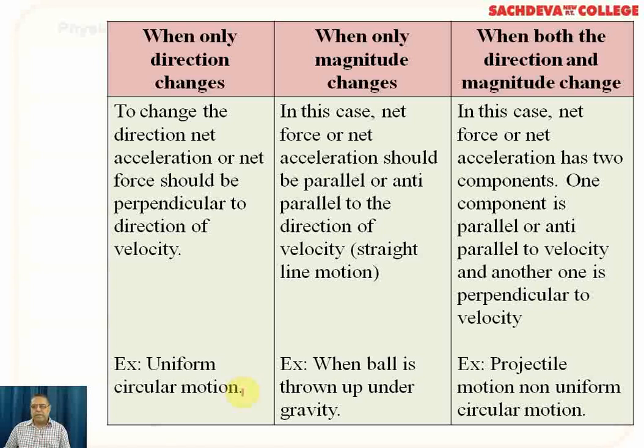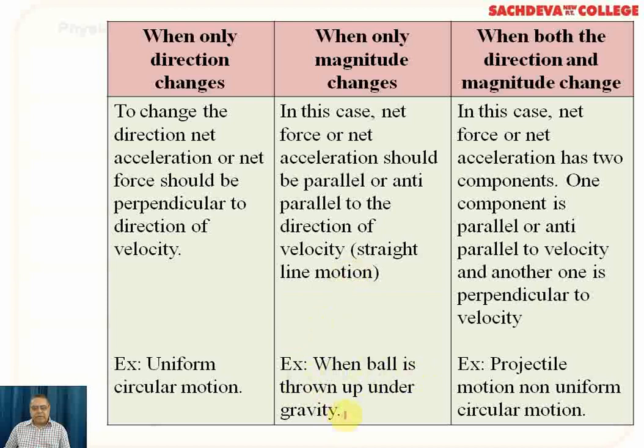Now, another case is when only magnitude changes. The magnitude of acceleration is given by taking the modulus of acceleration. In this case, net force or net acceleration should be parallel or anti-parallel to the direction of velocity, that is, straight line motion. The example is when a ball is thrown up under gravity.